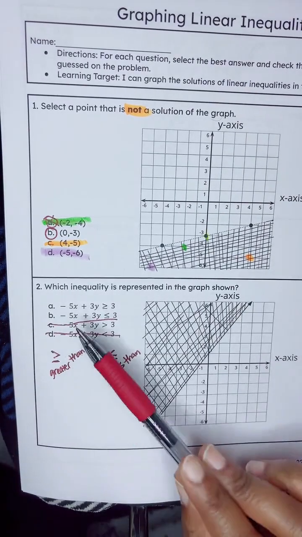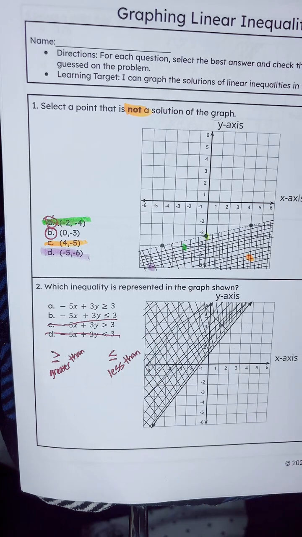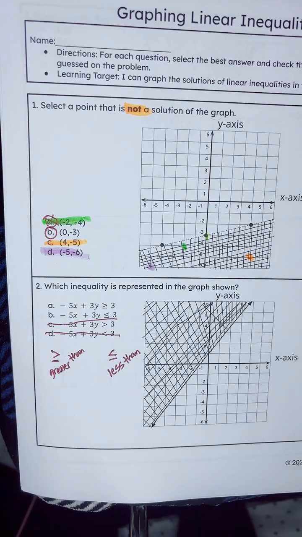So this is saying your x's and y's have to be greater than 3. So if we look at the line, is it shading greater than or just shading less than? What do you guys say in the chat? Is it B or A? Okay, I see B.